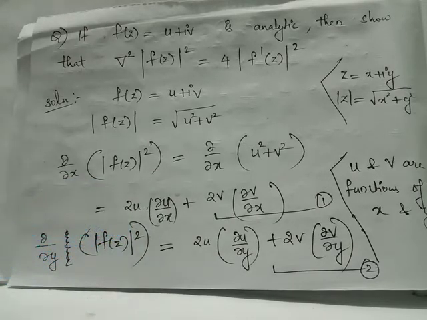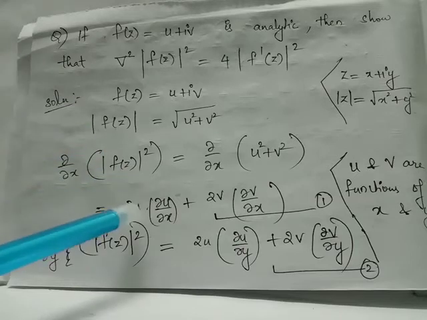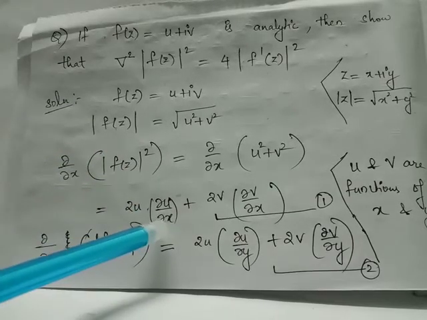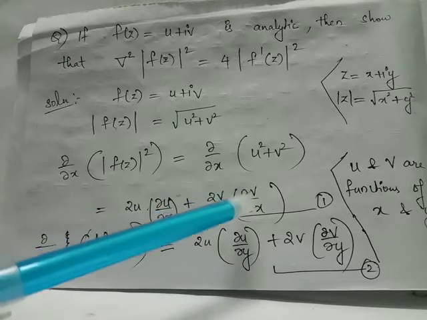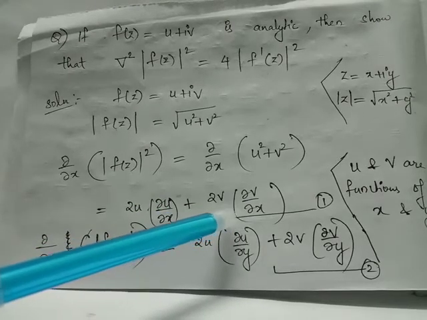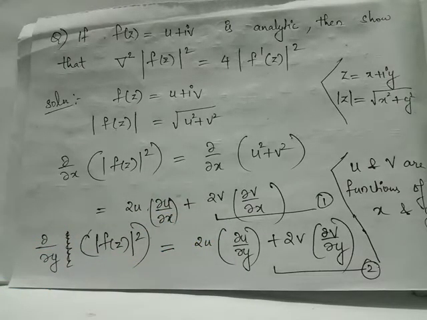Note that we will have to make use of product rule because u and dou u by dou x involve terms of x, and v and dou v by dou x also involve terms of x.